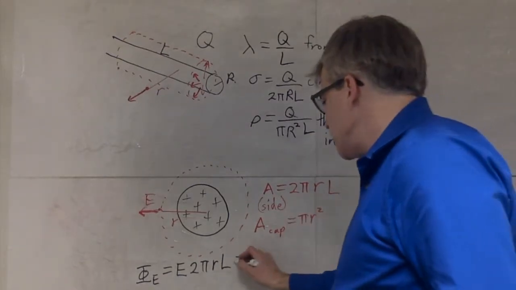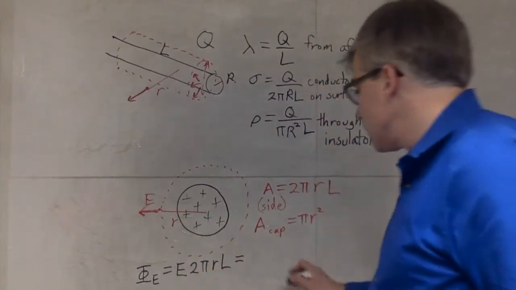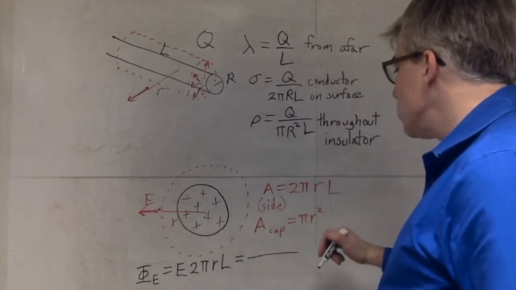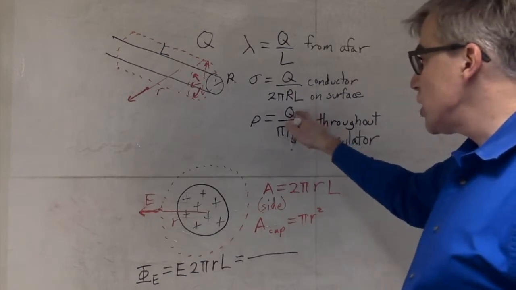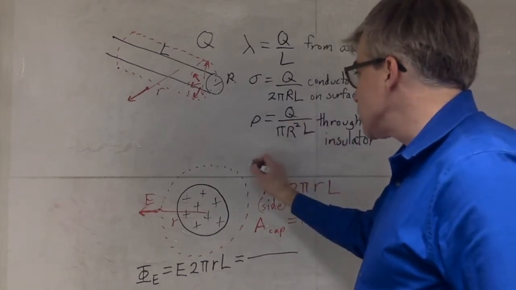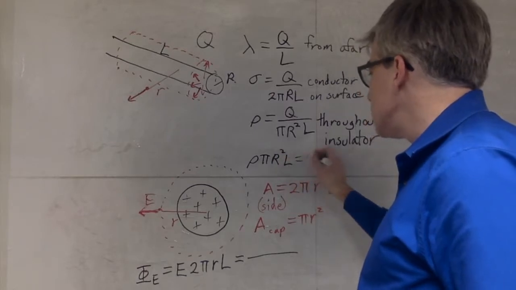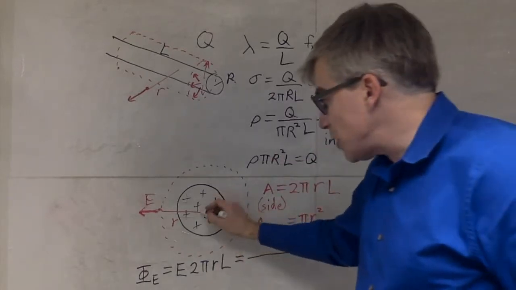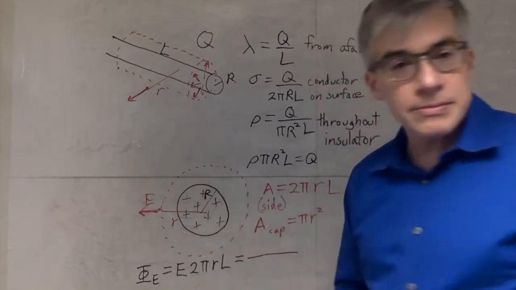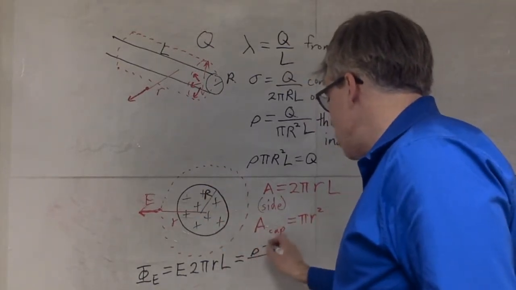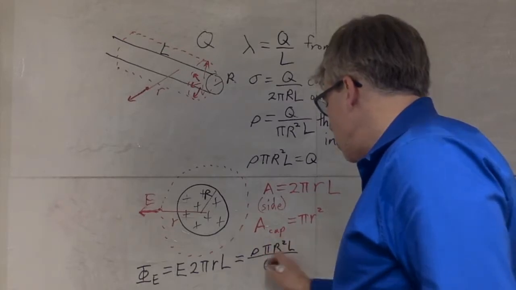And that flux is going to equal the charge inside. Well, it depends how they gave it. If they gave us the rho, then we need the total charge. That total charge is going to be rho times pi R squared L equals Q, and that's a big R because that's the radius of this thing. So the charge inside is rho pi big R squared L over epsilon naught.